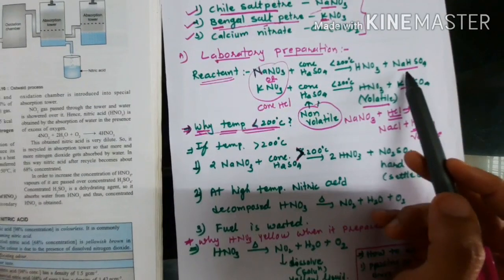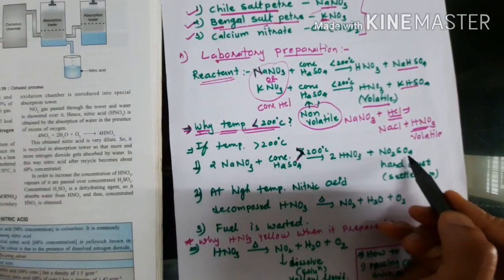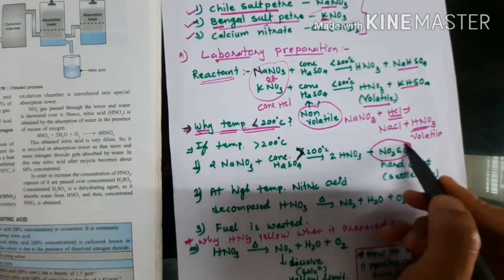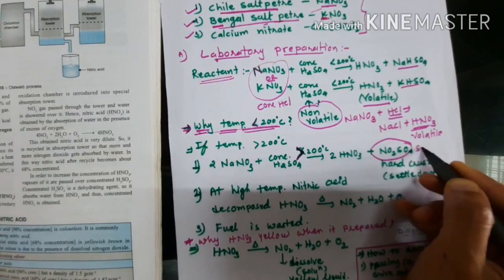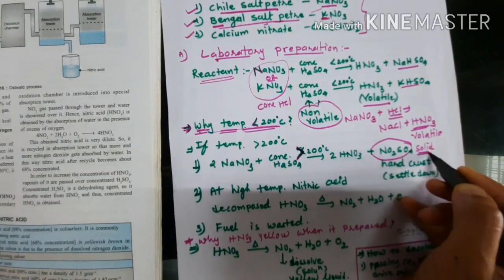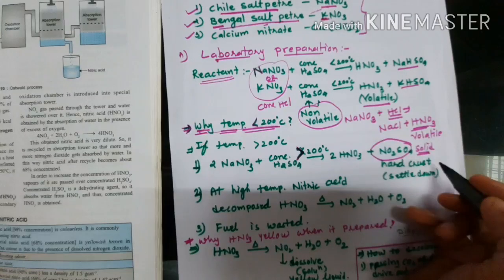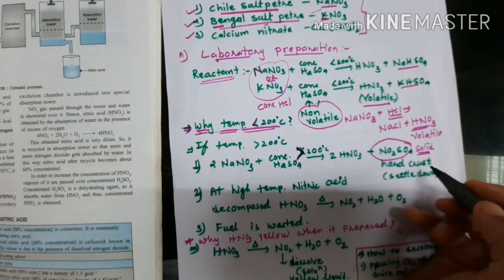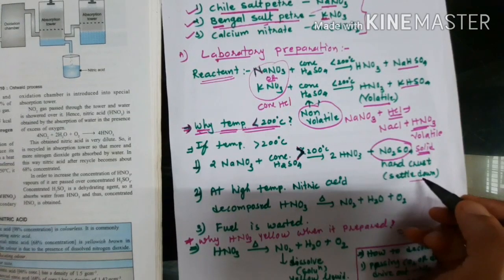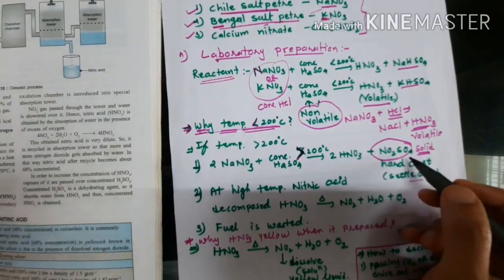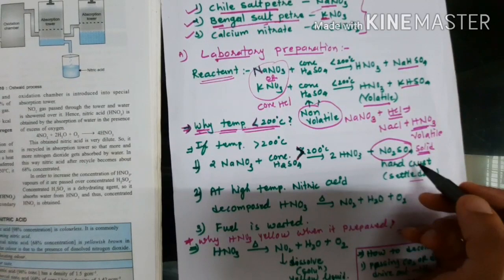Here you can see the sodium bisulfate, and this is the sodium sulfate. When sodium sulfate is formed, it is in solid form, a very hard crust, and it will settle down in the apparatus which we are using. So everywhere the sodium sulfate will settle.